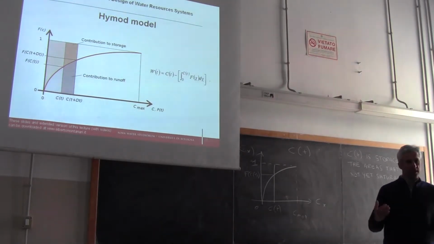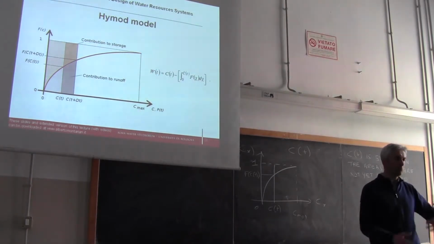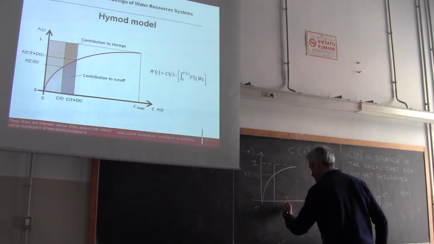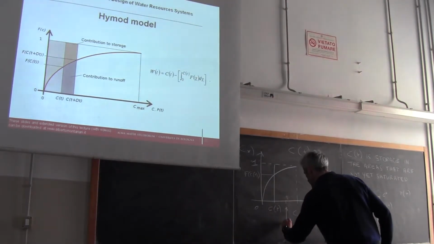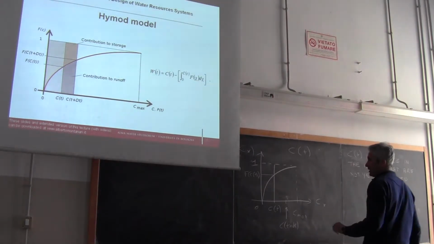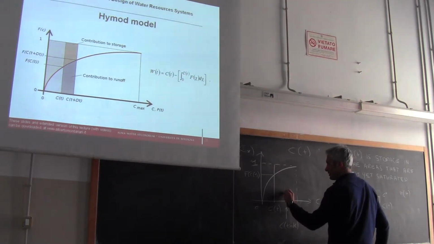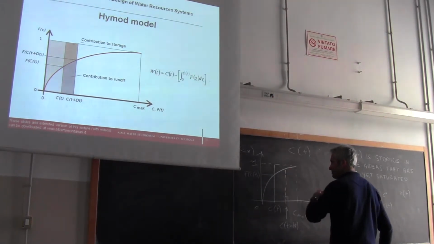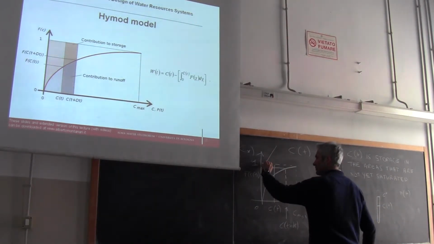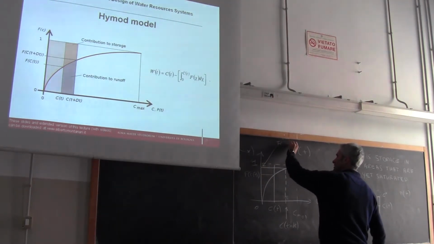And then let's suppose that after a time delta t, dt, I get more rain. And therefore I get to another value, which is Ct plus dt. And here I have another corresponding value, FC plus dt.